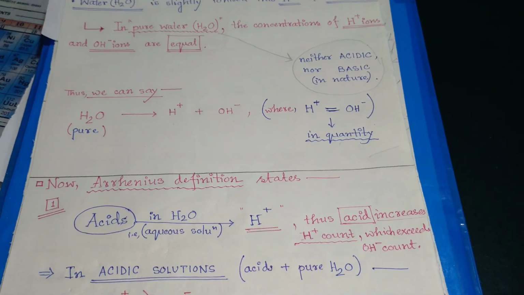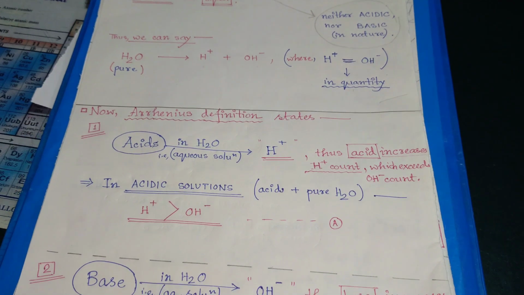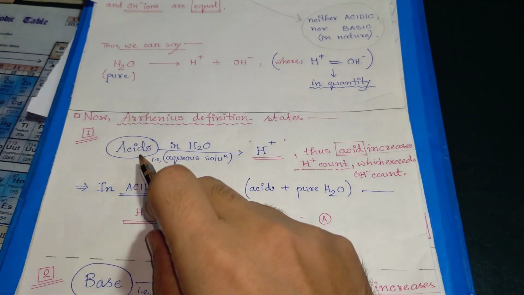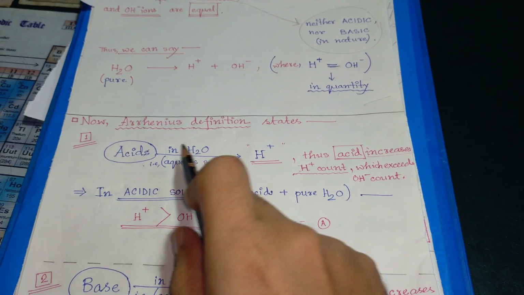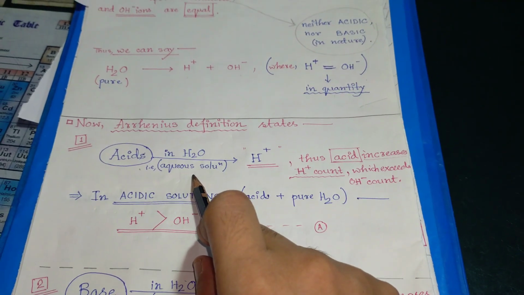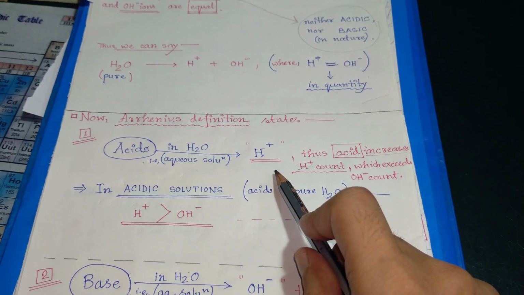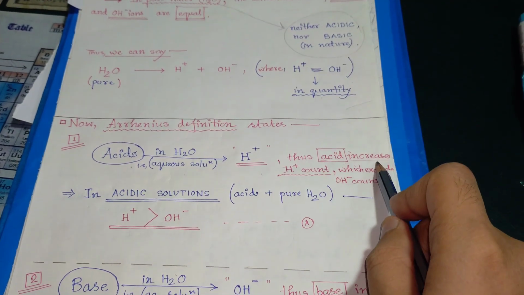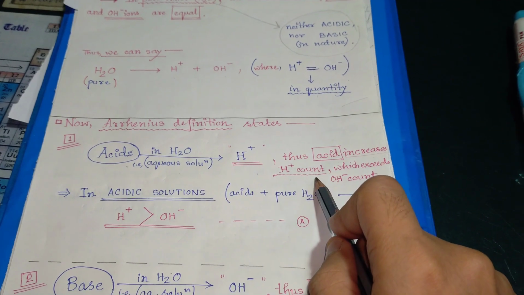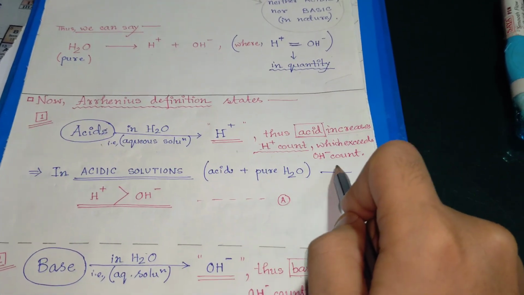Now, from the Arrhenius definition we know that acids are those compounds or substances which in aqueous solution, that is in water, yield H plus ions. Thus acid increases the H plus count which exceeds the OH minus count.